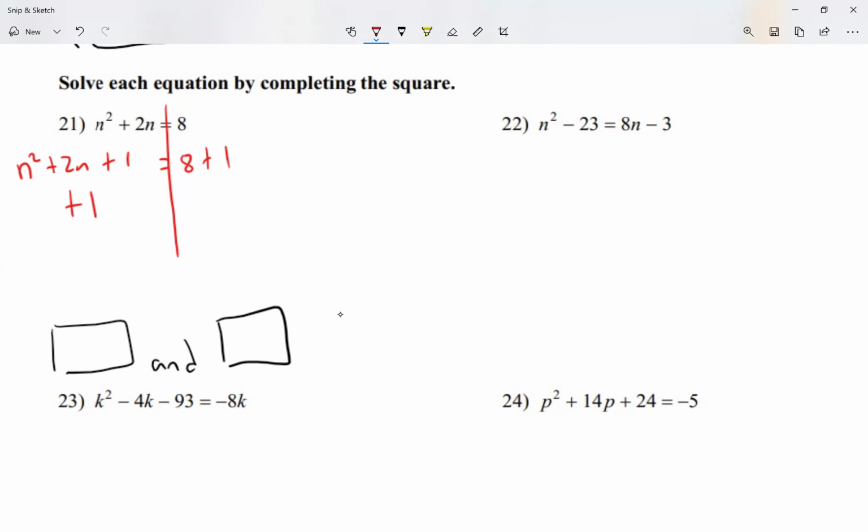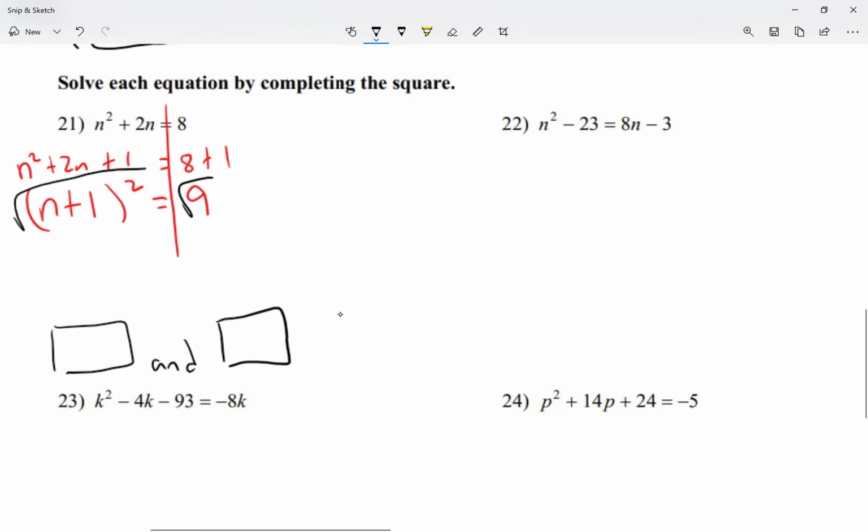On the left side, this trinomial n squared plus 2n plus 1, we've been talking about completing the square. This is going to factor as n plus 1 all squared. On the right side, 8 plus 1, I'm going to call that 9, right? 8 plus 1 is 9. My question is solve, so I need to find the value of n. And I completed the square because now I'm going to get rid of the squared using a square root.